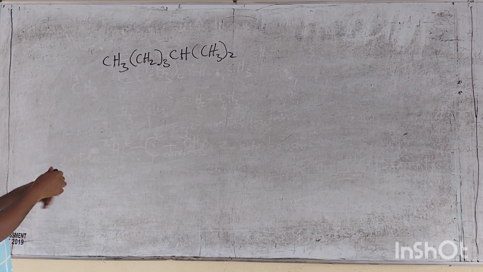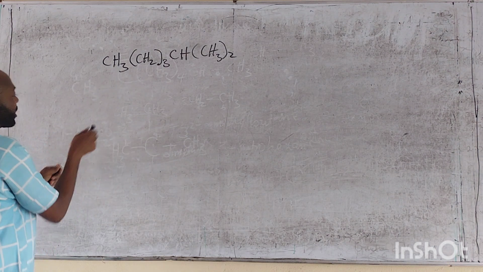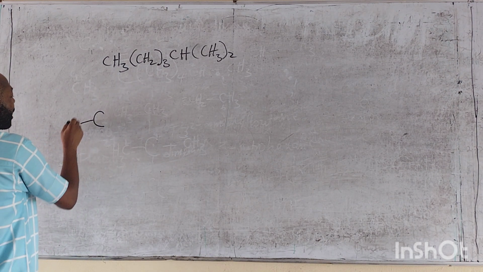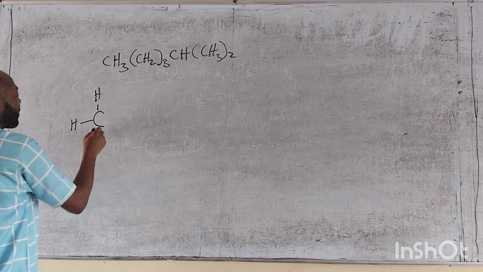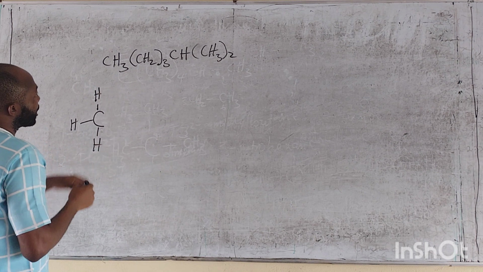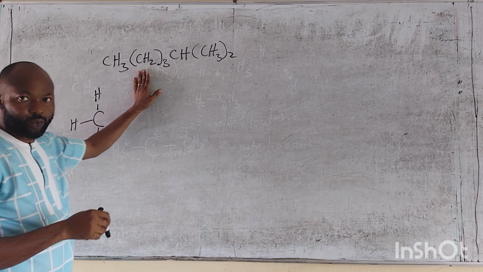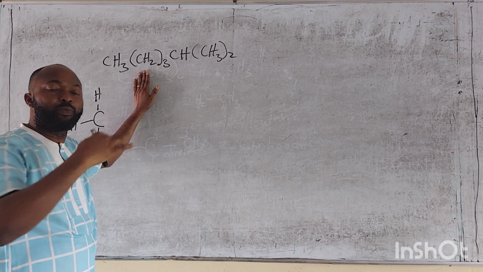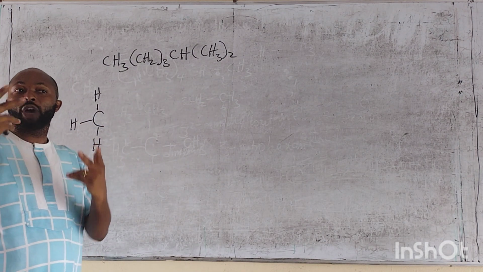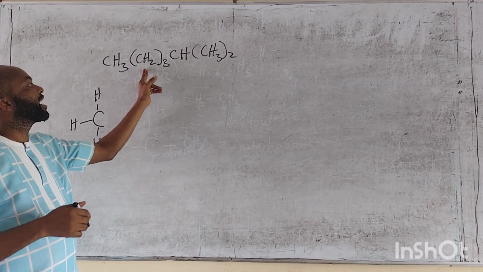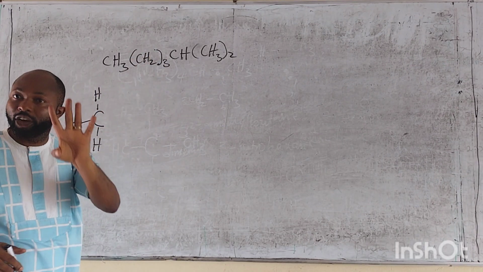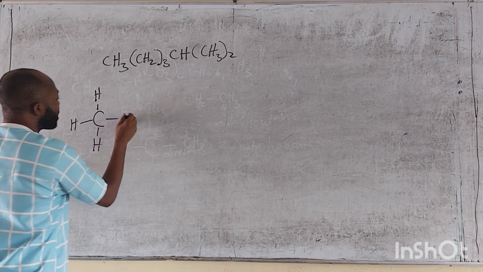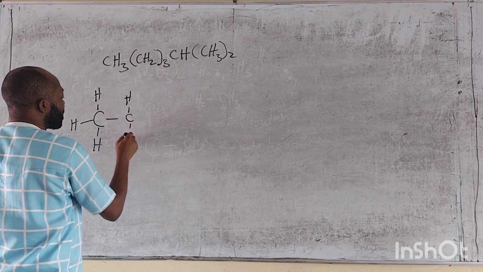Now, the first thing here we have is CH3. This is my C, H3. Now, here we have CH2. You know each carbon atom in between has 2 hydrogens with it. But they say that there are 3 of these CH2. So I will now have CH2. This is 1.